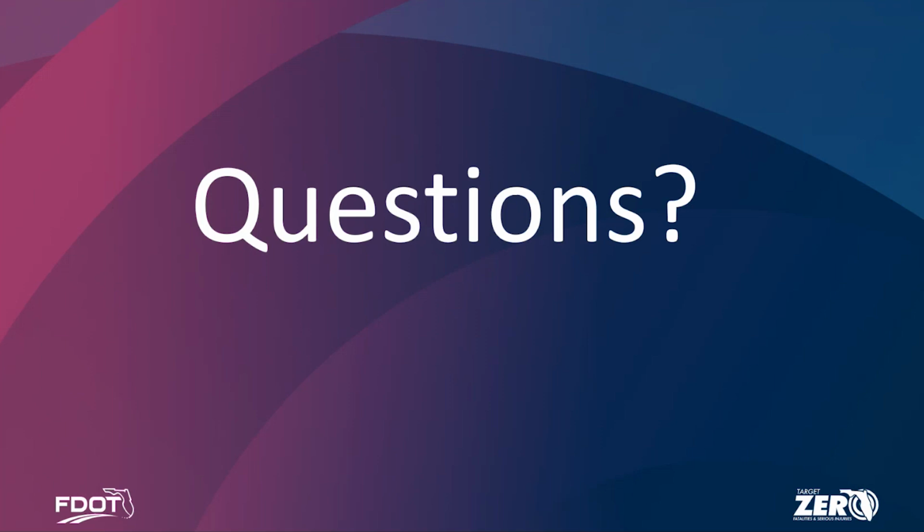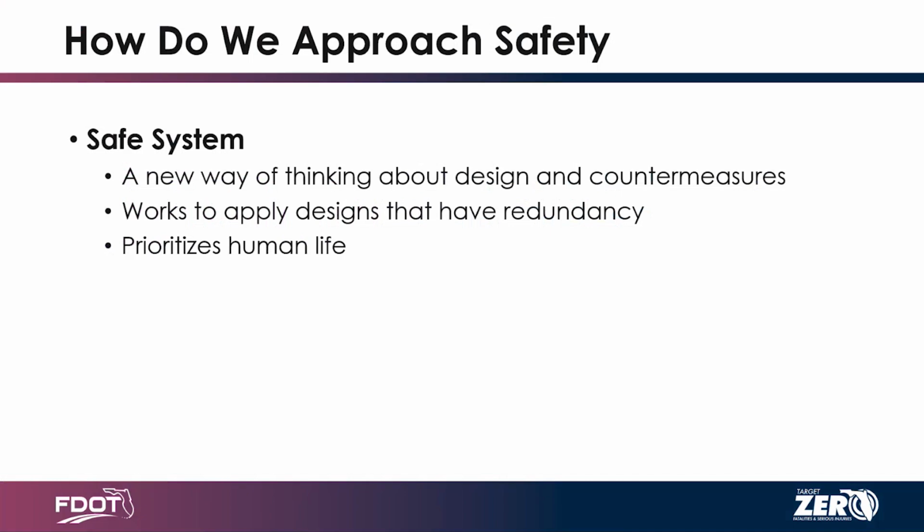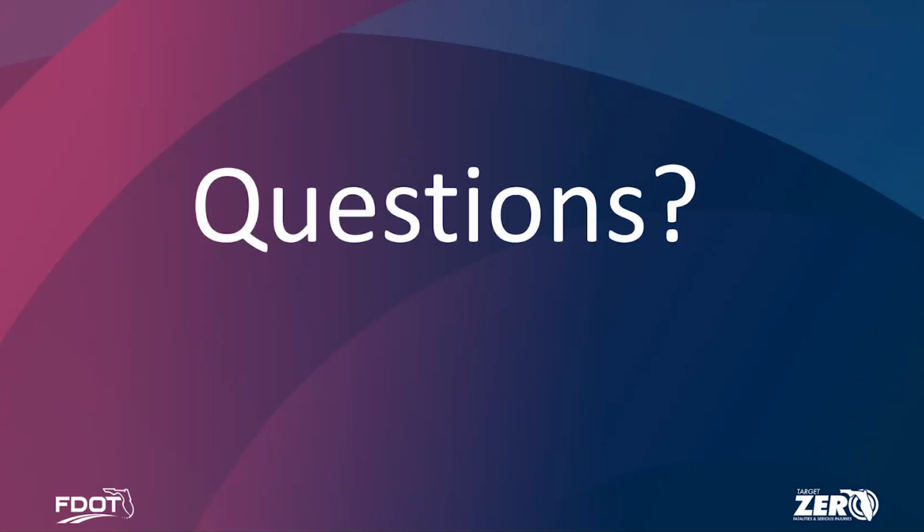So taking a systemic approach, we're working with the state safety office looking at statewide issues like lane departure crashes, which is going to focus on identifying risk factors associated with crashes, and then treating that is a good approach.